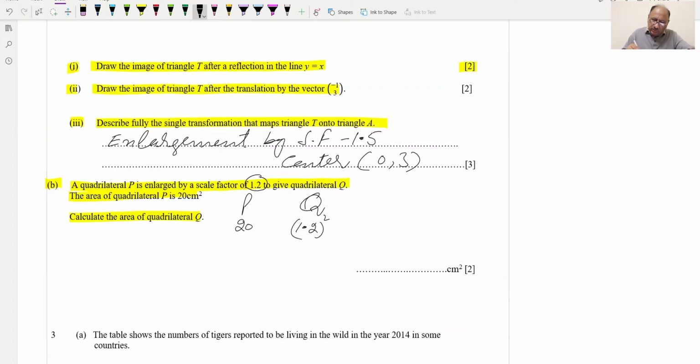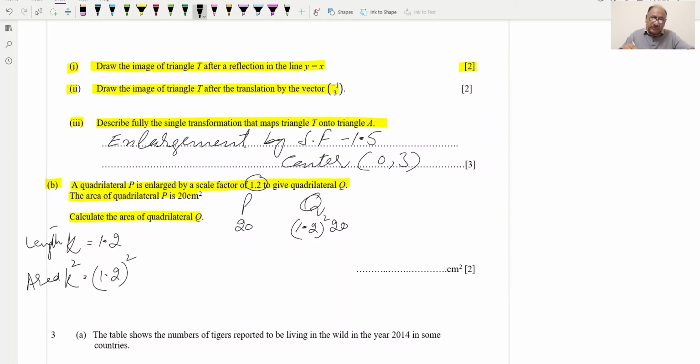So we will multiply 1.2 squared into 20. Why we are doing this? Because k, which is a ratio, is equal to 1.2, and for area we are using k square. This is for length and this is for area, which is 1.2 squared. In case we have a volume question, which is not in this case, we will be taking k cube, which is 1.2 cube.